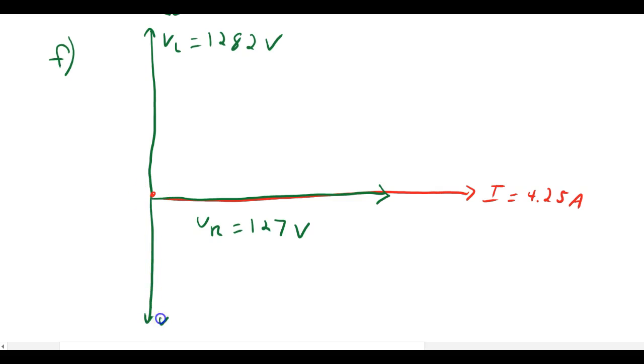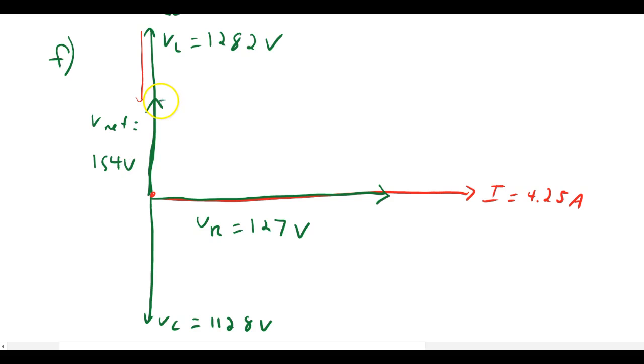VC is 1128 volts, and that produces a V net, I suppose, if you would, which would be the difference between VL and VC, which kind of gives us V net here at approximately 154 volts.